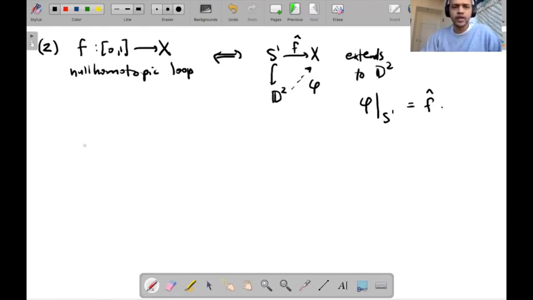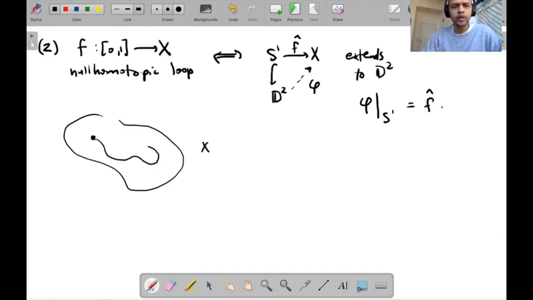Okay, so this is saying that if you have a loop, so say we have x here, and we have some loop here. If this loop extends to a map of the disk, then that means f is homotopic to a constant.